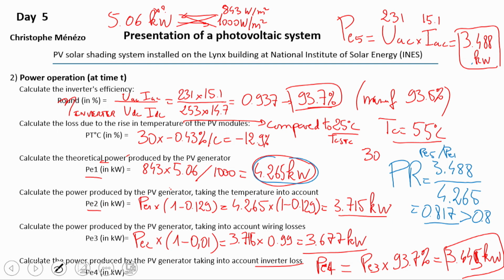If it is lower than 0.8, maybe it is too hot because it's integrated in a building, so it could be 0.75, maybe another thing, soiling, okay. So this is over the 0.8, it's okay.